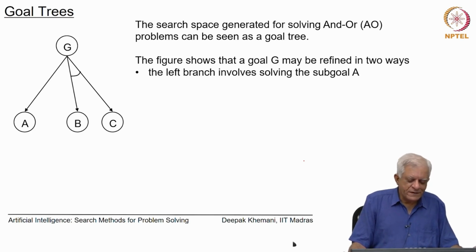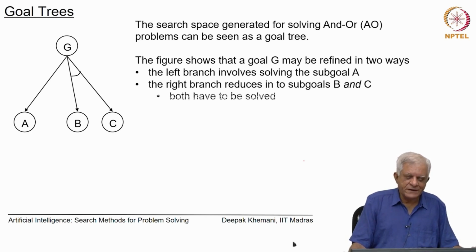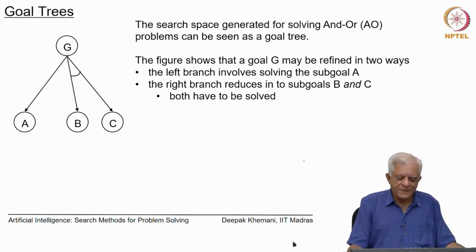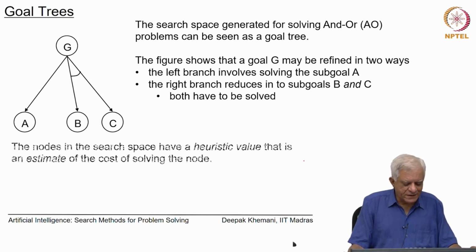On the right hand branch, you will see that you have reduced the problem G into two sub goals B and C, but they are joined by an AND edge, and the semantics of that AND edge is that to solve G, you have to solve both B and C essentially. So, at this point in this graph, you have basically two choices. Should you reduce the problem G to the problem A, or should you reduce the goal G to sub goals B and C essentially. Both would have to be solved essentially.